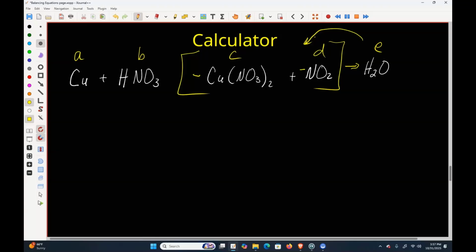Okay, so I have copper, hydrogen, nitrogen, and oxygen.